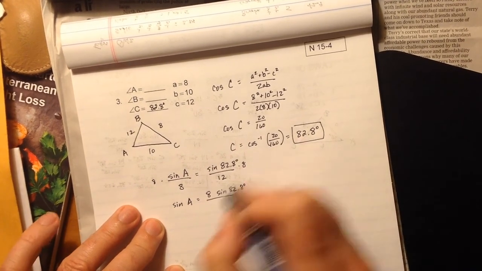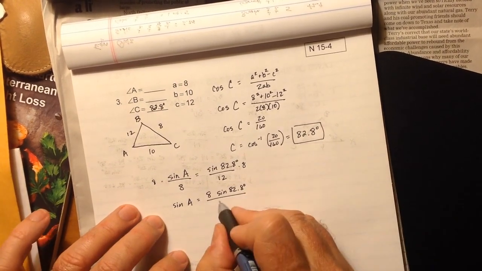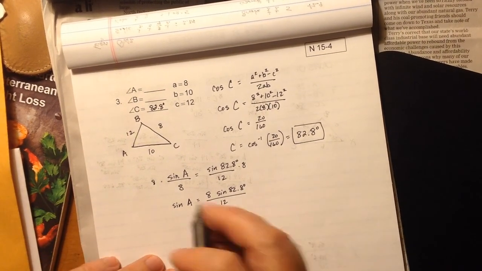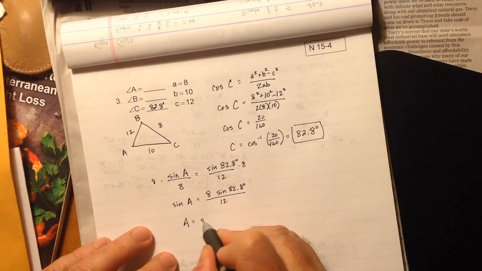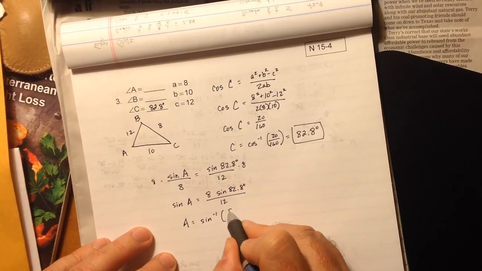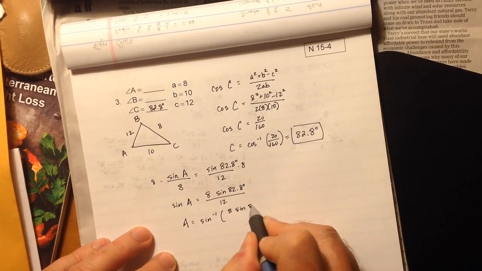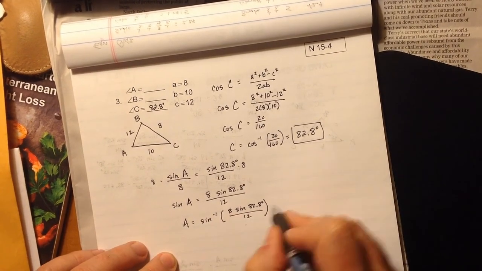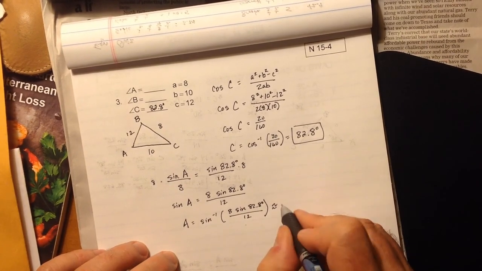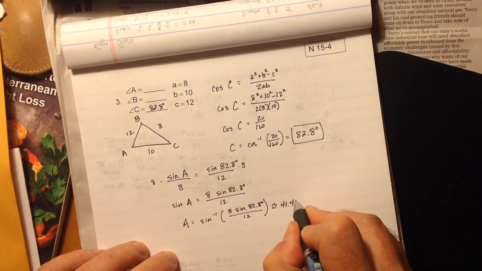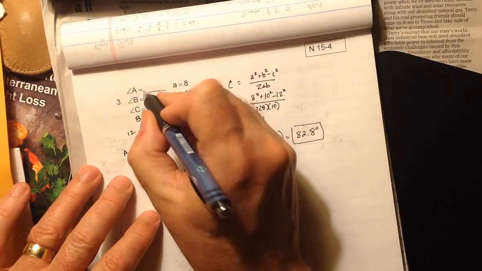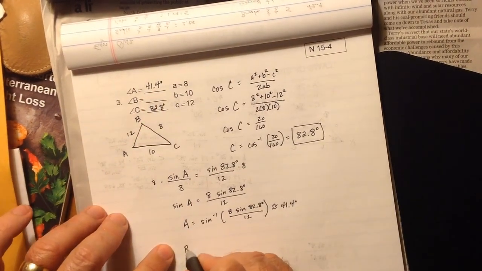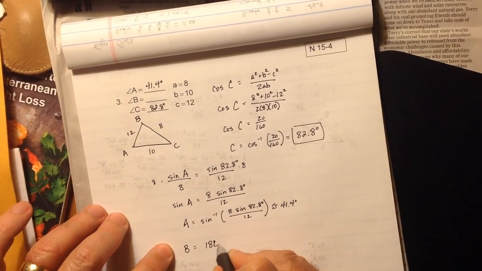And if you want to be more exact there, if you have that still in your calculator, that might be a handy thing to use. And so A is equal to inverse sine of 8 sine 82.8 divided by 12, and that comes out to be 41.4 degrees. So A is 41.4 degrees.